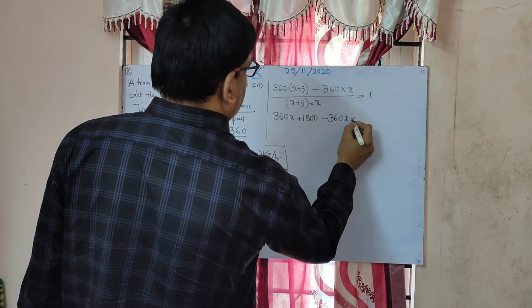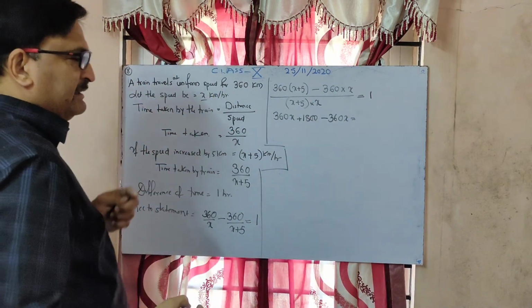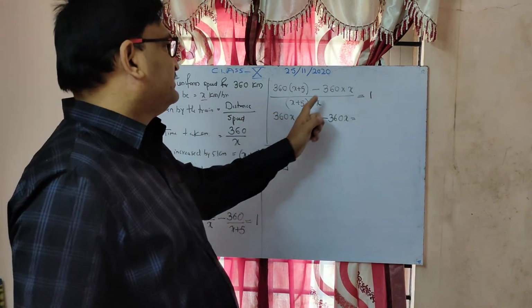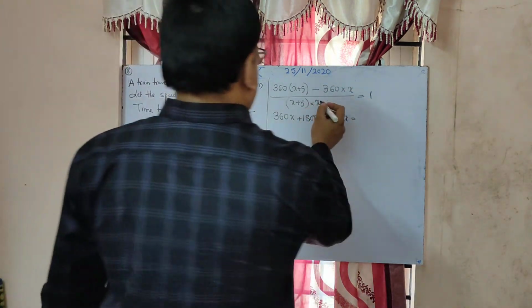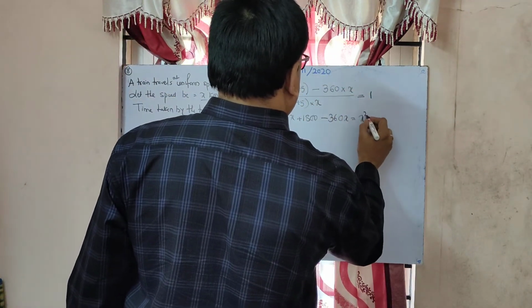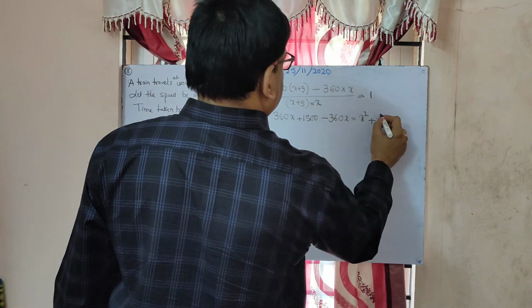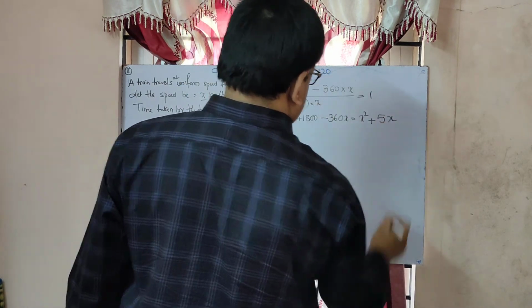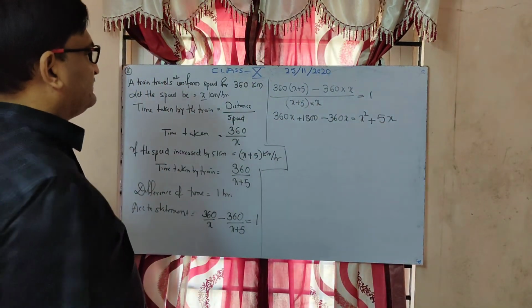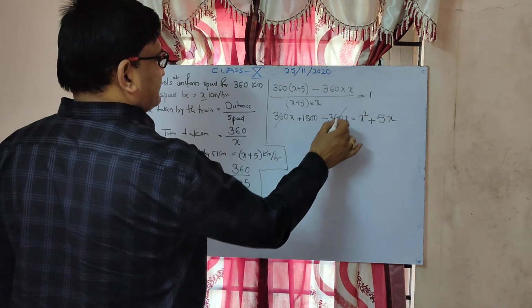Now by the transposition method, you just transfer this to the right hand side. x into x is x square. x into 5 is 5x. Now you can see 360x and 360x cancel.